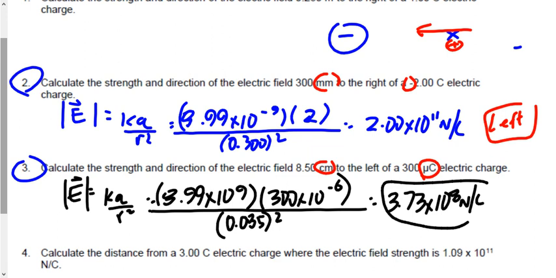Now, what about the direction? We get a positive charge to the left. Field points away from the producer, right? Toward a negative, away from a positive. So it's going to point to the left again.